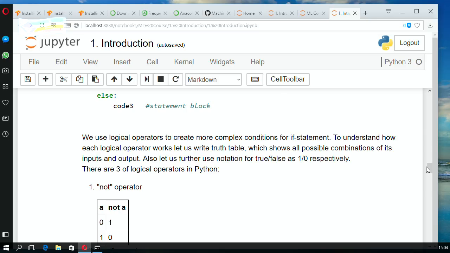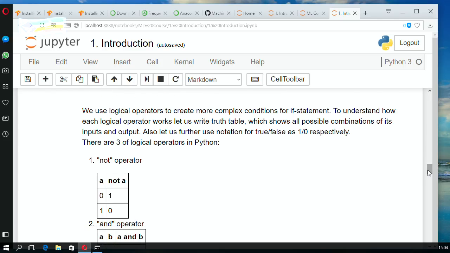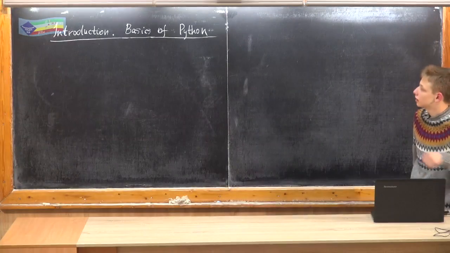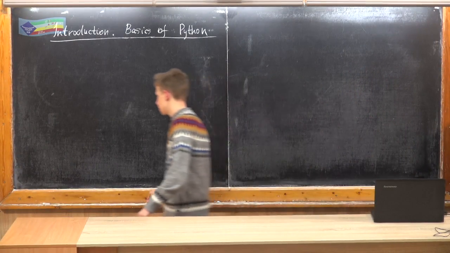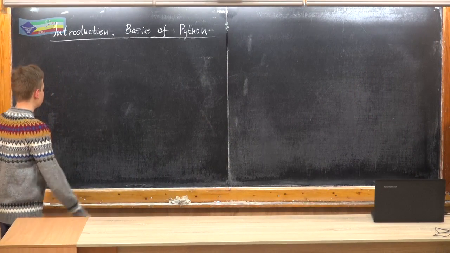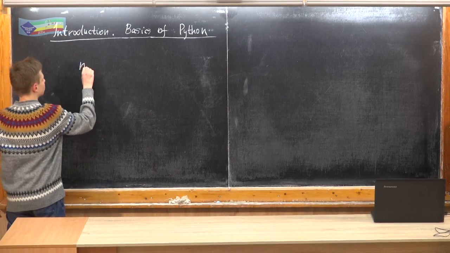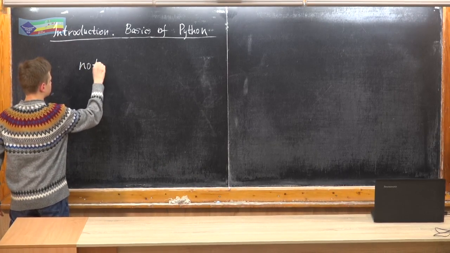For this purpose, Python has several logical operators, and to understand them, we can use a table of true or false. For example, Python's first operator is not.